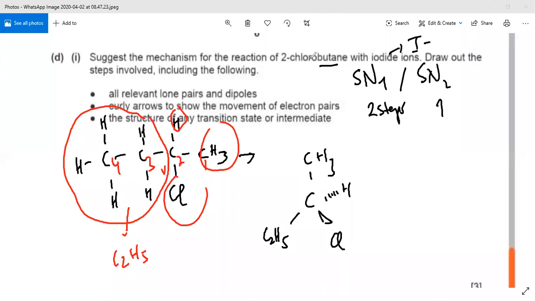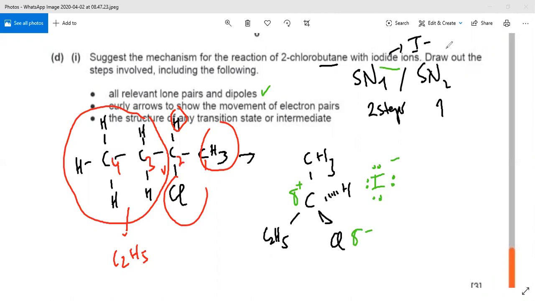So I will have two dipoles: the dipole negative of chlorine and the dipole positive of carbon. I also need to show this one: I has 1, 2, 3, 4, 5, 6, 7, 8 electrons and a negative charge, because it is iodide ion.